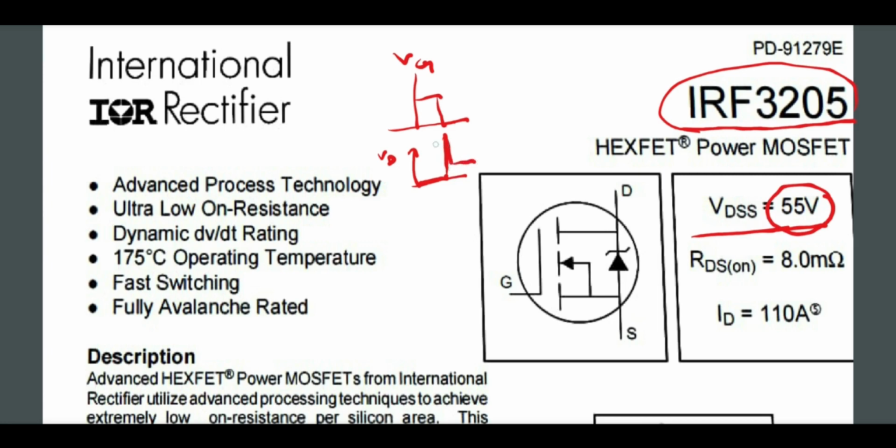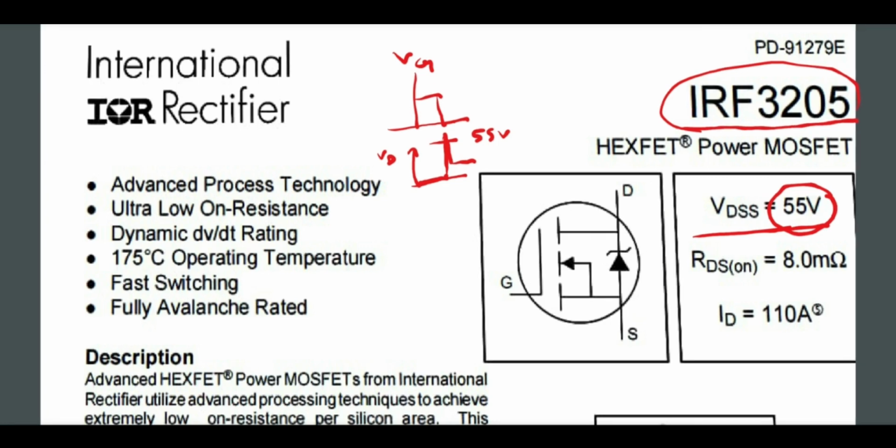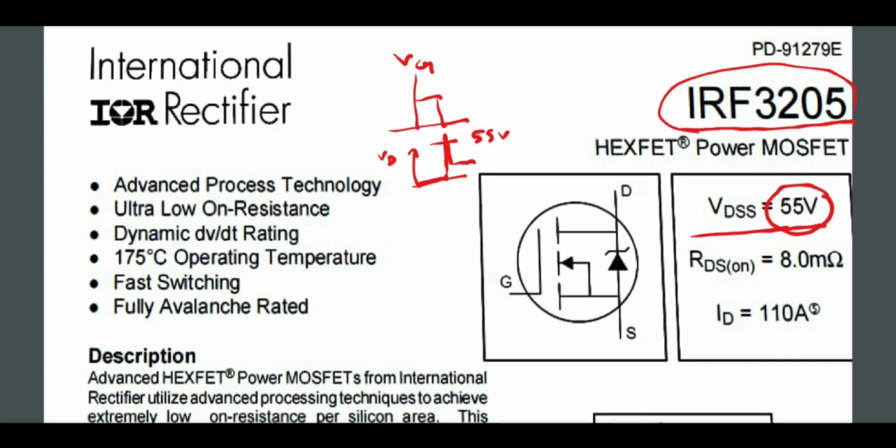If that spike goes above the 55 volt, that will permanently damage our MOSFET, right? So we cannot let that happen, and if we do, our MOSFET will get damaged and the circuit will not work.